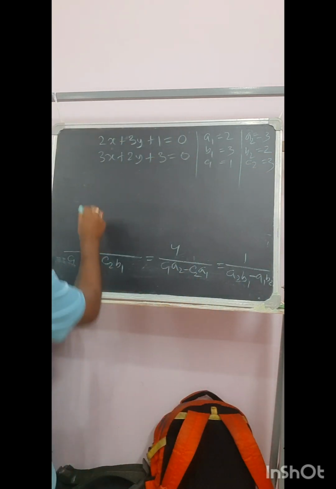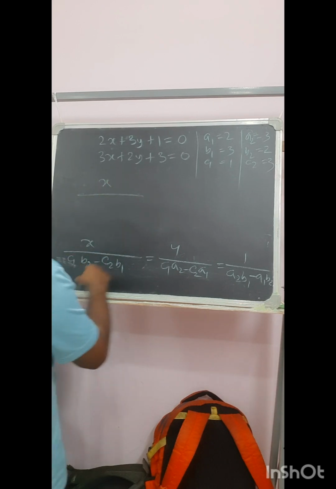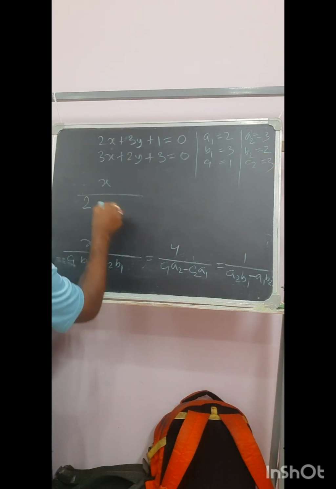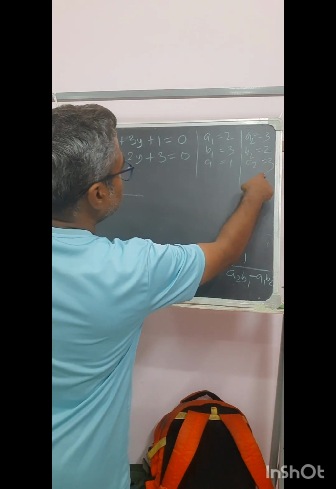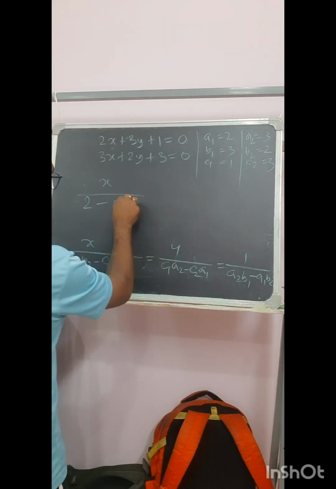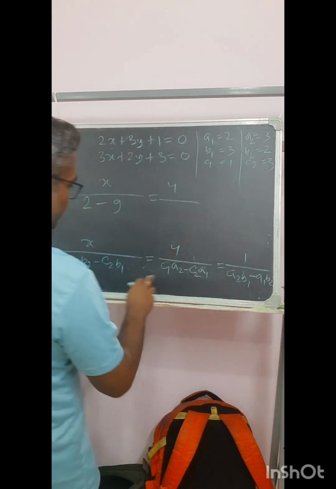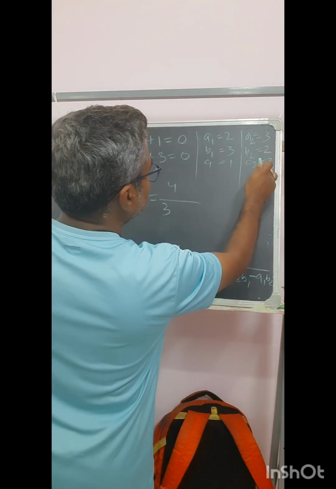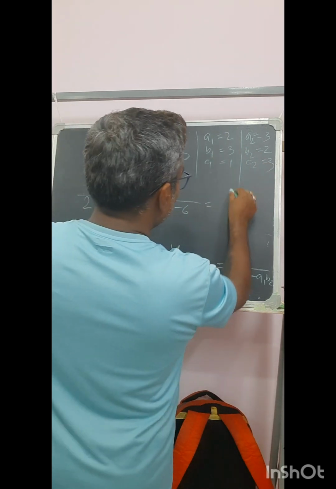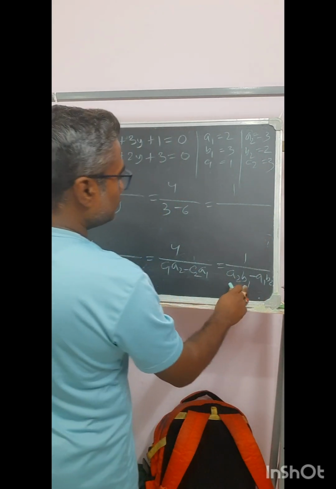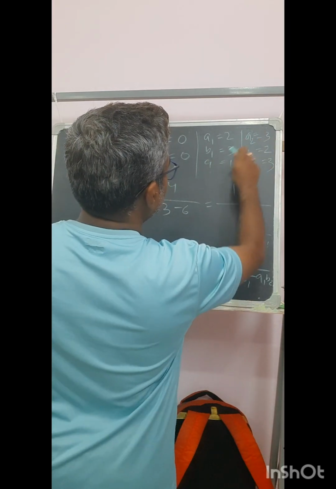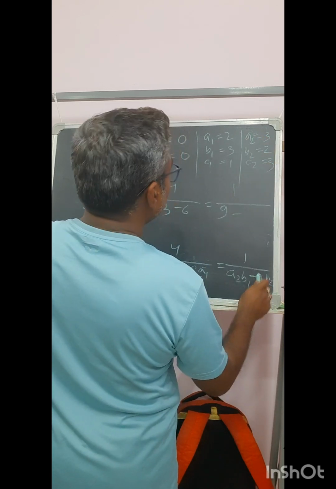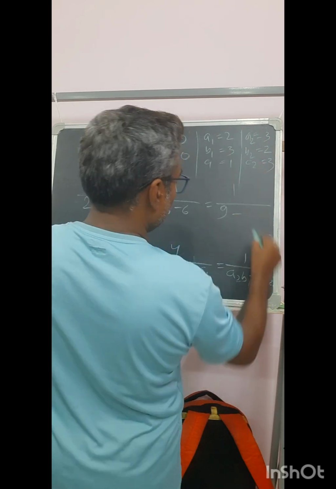So if I put these values directly, x by c1 b2, c1 is 1, b2 is 2, so 2 minus c2 b1, c2 b1 is 9, is equal to y by c1 a2, c1 a2 is 3, minus c2 a1, which is 6, and 1 upon a2 b1, a2 is 3, b1 is 3, 9, minus a1 b2, a1 b2 is 4.